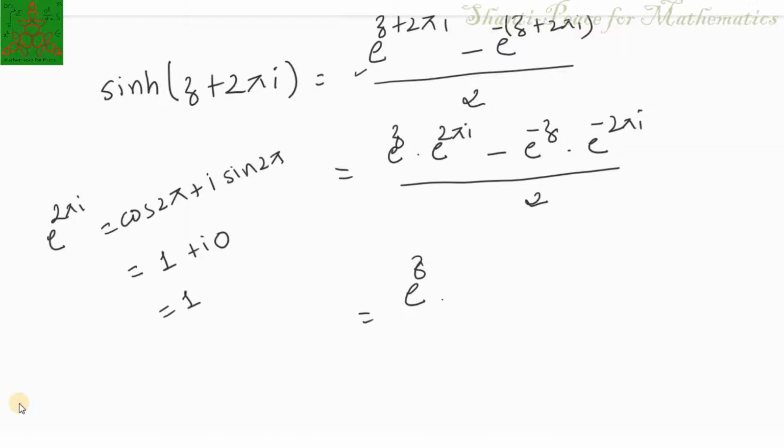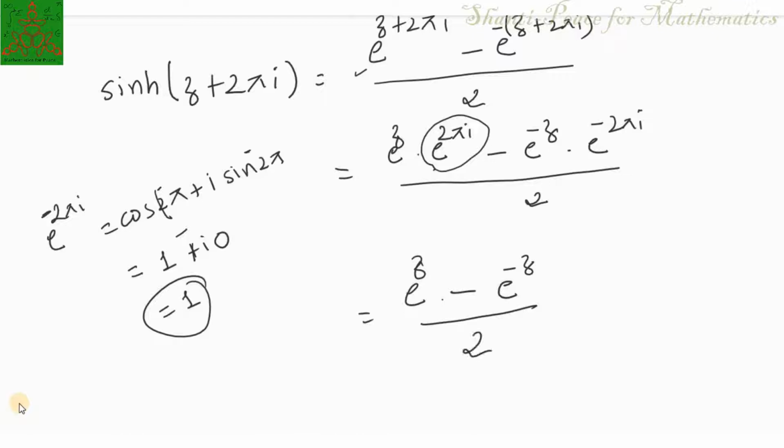So e power 2 pi i will be 1 minus e power minus z. What will be the e power minus 2 pi i? Here it is a minus sign, so this will also be 1, and divided by 2. So this is nothing but the sine hyperbolic of z.